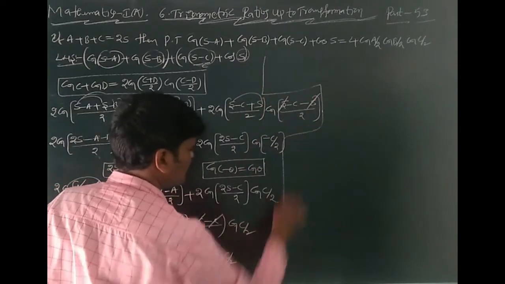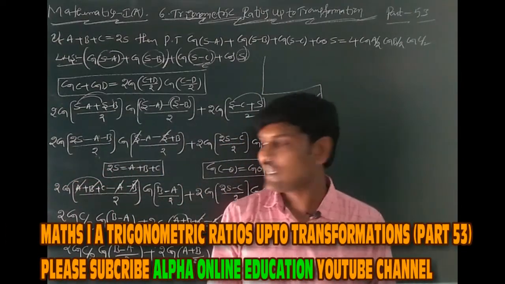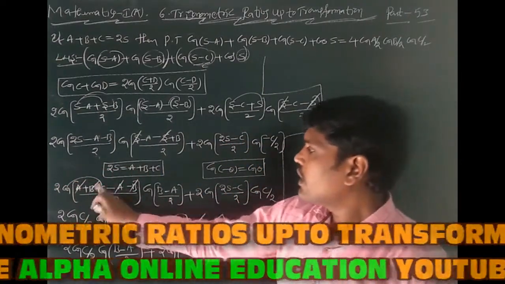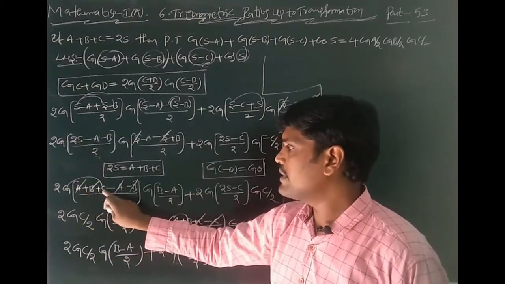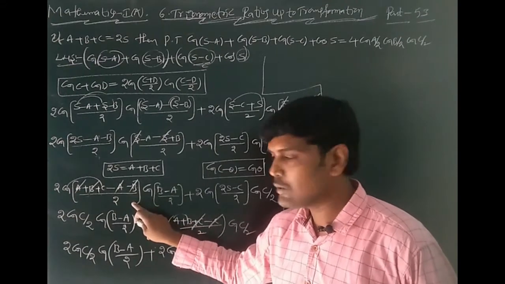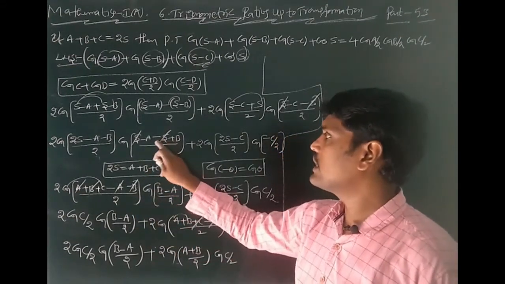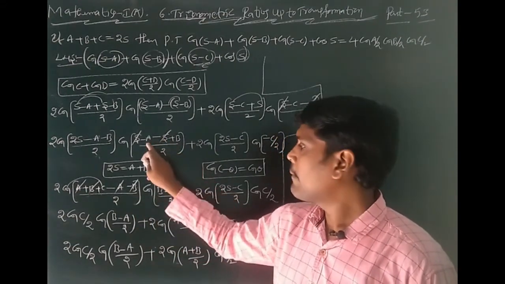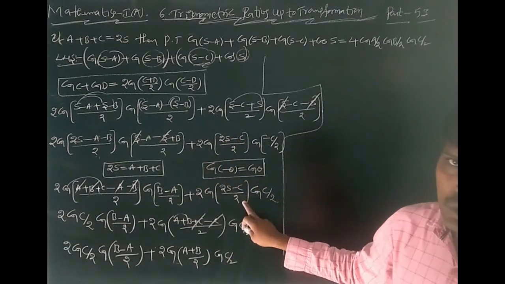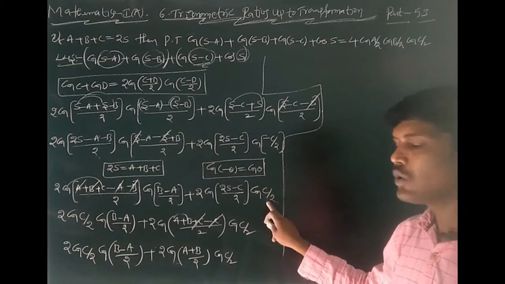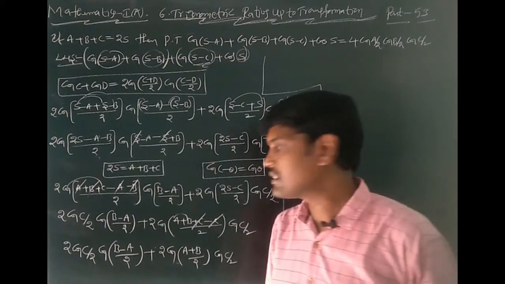Understood or not, students? Are these steps understood? Once again I will explain, students. Here 2s equals a plus b plus c, so you can write 2s as a plus b plus c minus a minus b by 2 into cos of s, which gets cancelled, remaining cos of (b minus a) by 2, plus 2 cos of (2s minus c) by 2. Similarly cos of minus theta you can write as cos theta, which is cos c by 2.